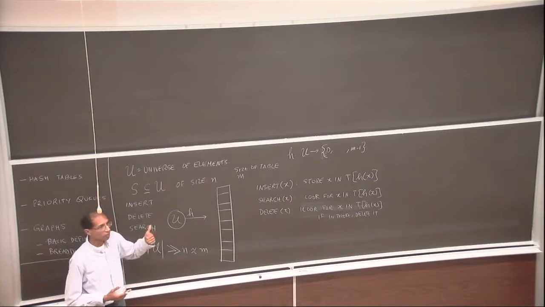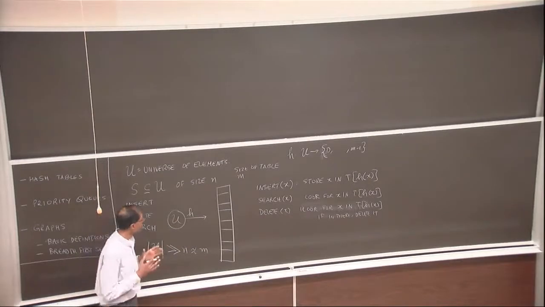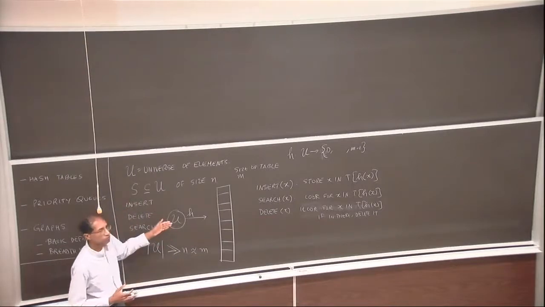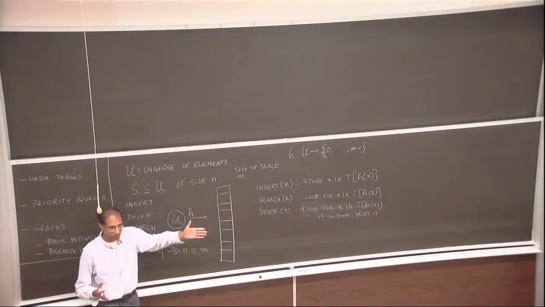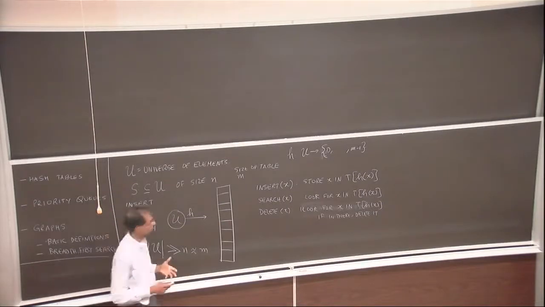A, there will be a problem of storage. B, if you try to compact your storage, then effectively there will be a problem of time. Okay, you should think about it. Why? So basically, you cannot avoid many elements from U mapping to the same location in the table. It's impossible to avoid. Okay? That's exactly what is referred to as a collision.